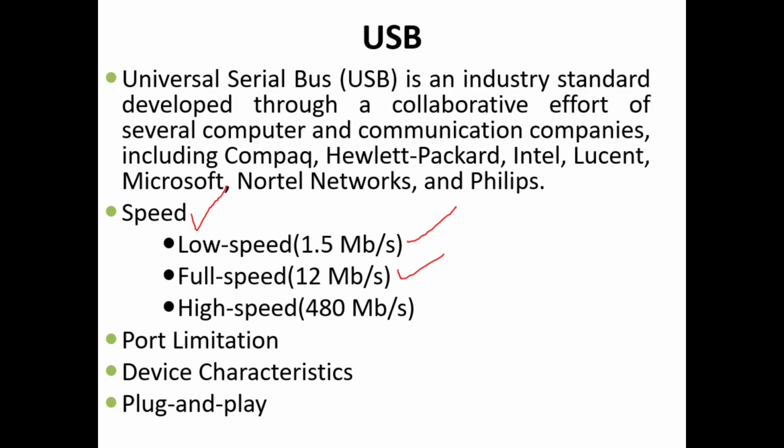Later in USB 2.0, the second version of USB, they introduced one more mode called high speed mode where I/O devices can transfer data at 480 megabits per second. Various versions of USB have been introduced in the market with different speeds. These are about the initial two versions.